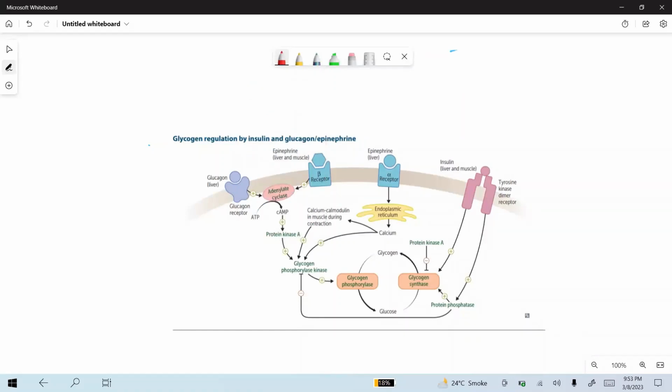Glycogen regulation mainly takes place through insulin, glucagon and epinephrine. Insulin leads to increased glycogen synthesis, while glucagon and epinephrine lead to decreased glycogen.